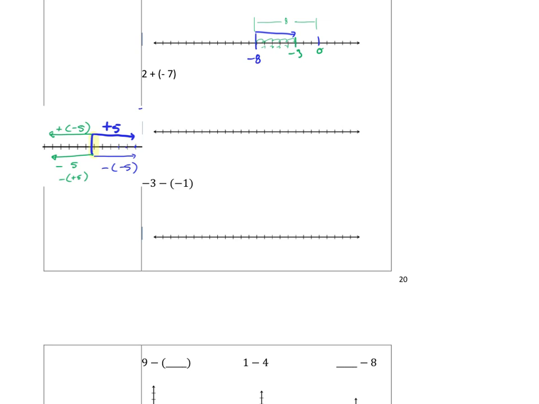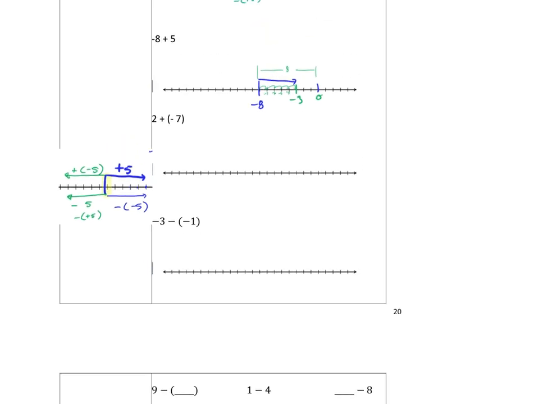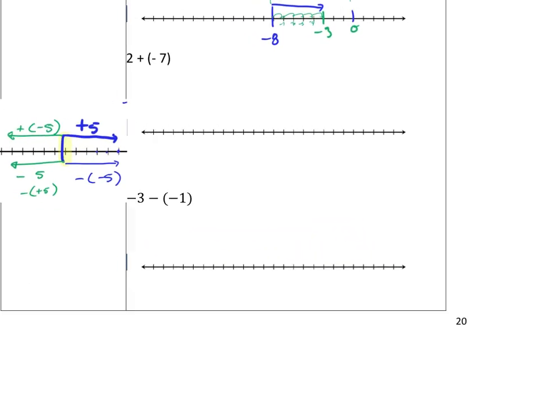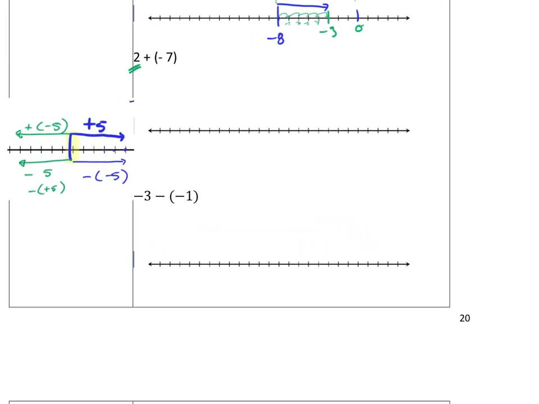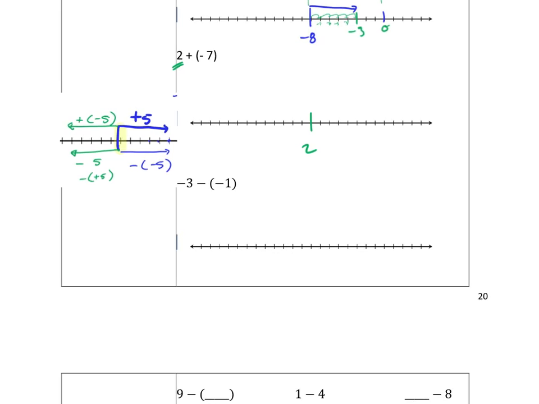So I'm just going to move this down again, because I want this as your constant reference. So you keep thinking about this. Again, remember, this is the number where we start at. So we're going to start at 2, and we're going to add negative 7. So which way do we go when we add a negative?